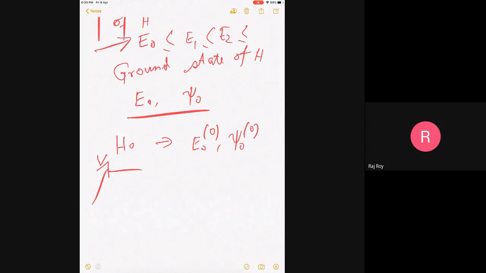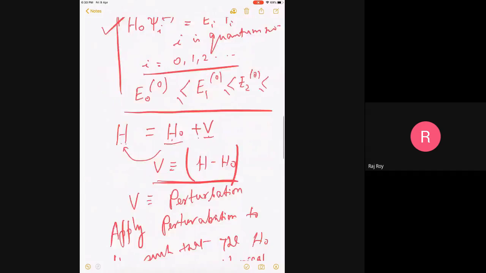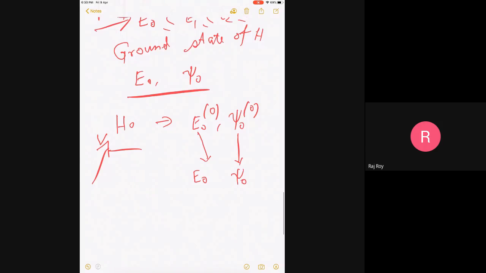As you apply it, this changes to E naught, this changes to psi 0, in a very graphical manner. This was the ground state solution of H naught. That will change over to the ground state solution of H, and psi 0, 0 changes over to the ground state solution of H.